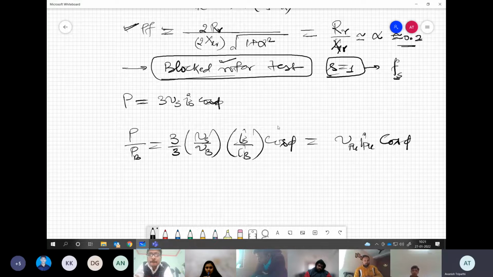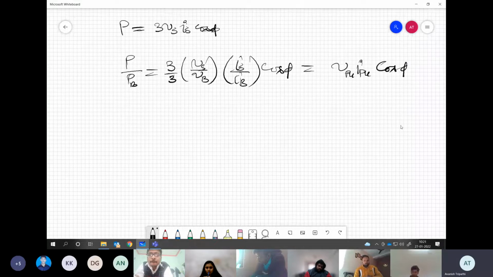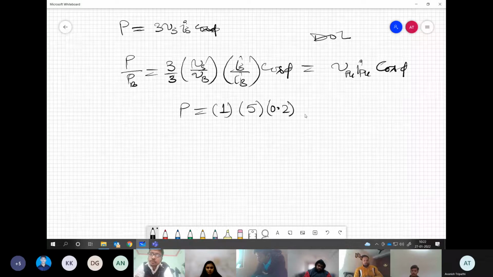This is the amount of power you are going to draw in the motor when you try direct online start. The voltage is given as 1 per unit, the current you have seen is 5 per unit, and the power factor is something like 0.2. So it turns out to be more or less 1 per unit power you are absorbing in the motor.